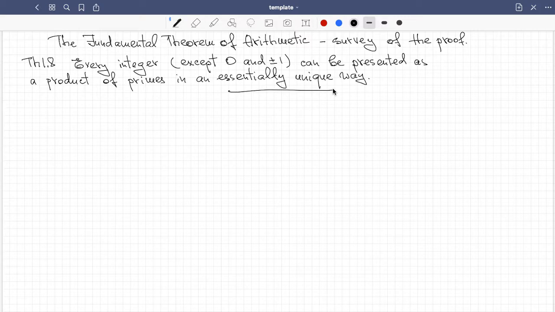First of all, let me make comments about what essentially unique means.